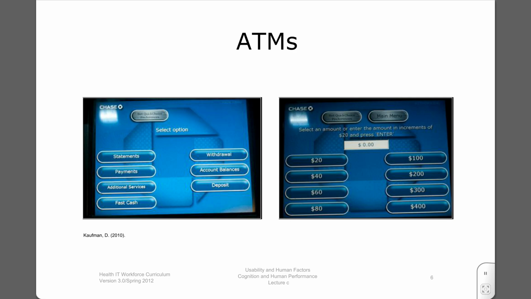The interaction with an ATM is limited to a set of functions or tasks, such as cash withdrawal or deposit. The sequence of screens is largely predictable. For example, if you click on withdrawal, a screen will present itself with common withdrawal amounts, as well as a text box that will allow you to key in a particular amount.